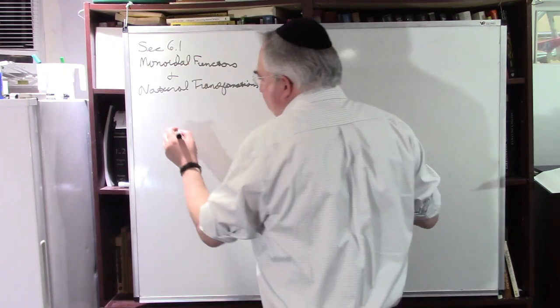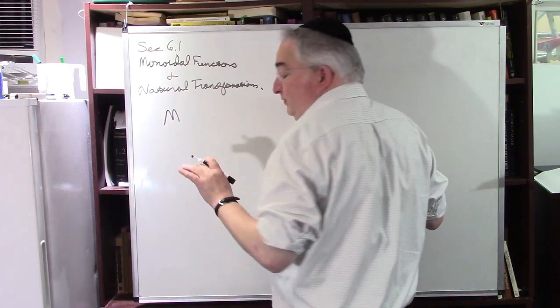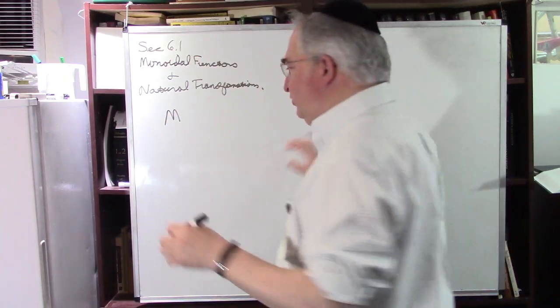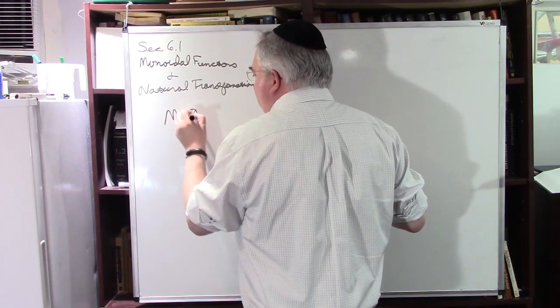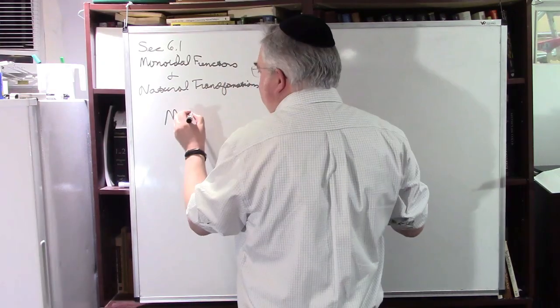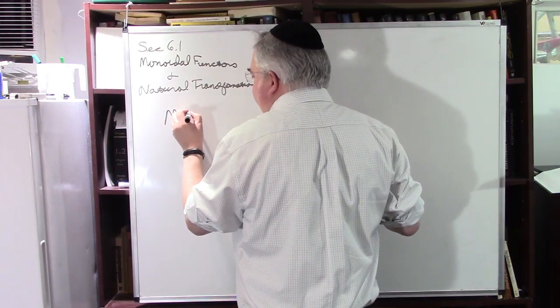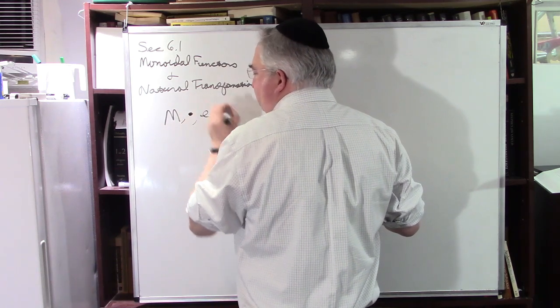The idea to keep in mind is as follows. Let's say you have a monoid. This is a set with extra structure, a set with a multiplication and an identity.